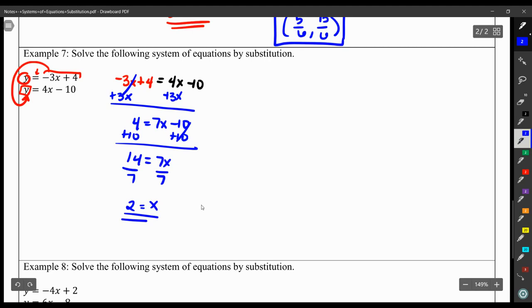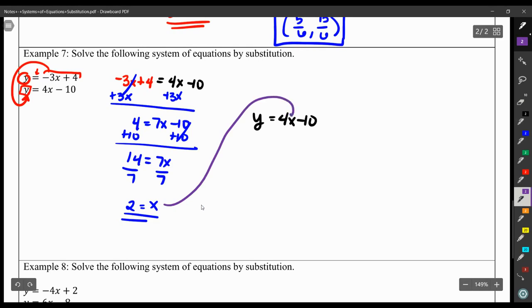So now that we have the x value, again, we need to take that x value and substitute it back into one of the original equations. However, both of them have y by itself, so it really doesn't matter which one you substitute into. So I'm going to substitute into this bottom equation here. So I'm going to rewrite the bottom equation, y equals 4x minus 10, and I'm going to substitute 2 into the x.